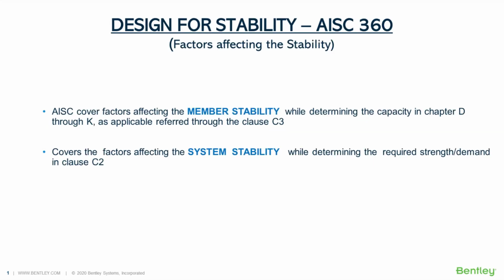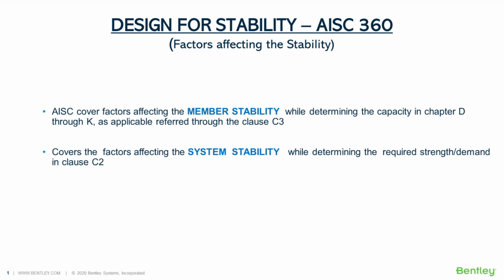So the design code nicely and effectively handles all the concerns that affect the member as well as the system stability by determining the capacity and the demand and then finally comparing and interacting them. The factors affecting the member stability are mainly the initial member imperfection, which is the member out of straightness, and the inelasticity accentuated by the residual stress.